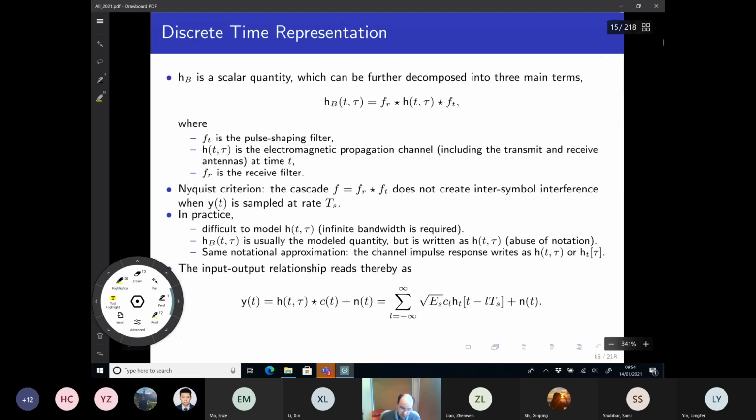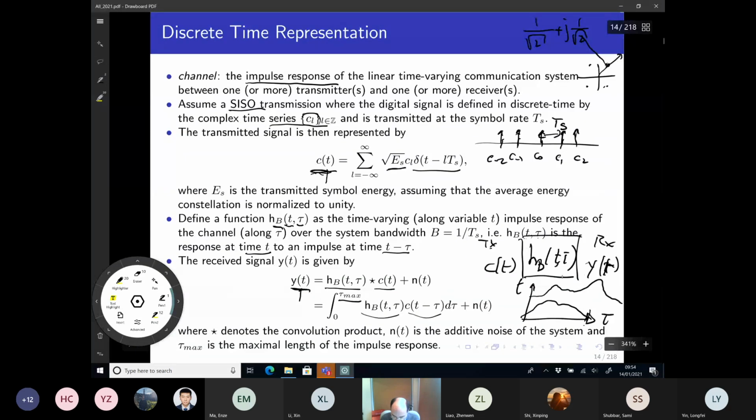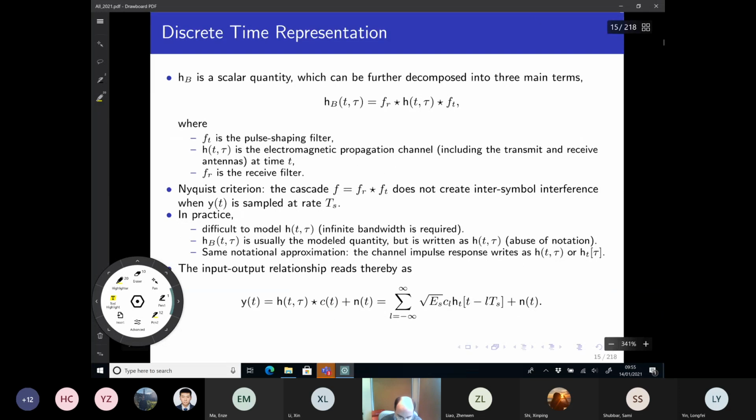This h_B, as I was saying, is a black box. This black box contains part of the transmitter, part of the receiver, and part of the real wireless channel. And so this is expressed as the following. This black box, this impulse response, can itself be viewed as a convolution of three different filters.